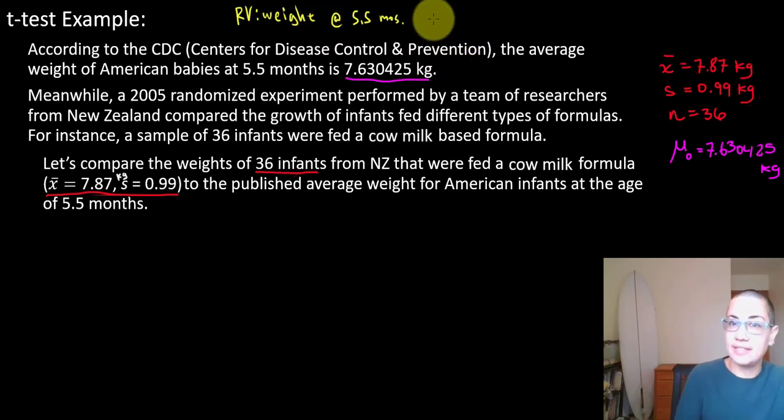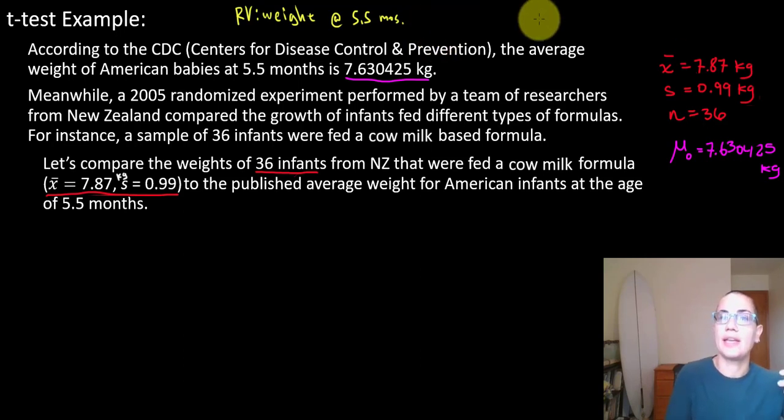That weight is a quantitative variable. Furthermore, it's continuous. So we have sample stats that apply to a quantitative variable. So we're not going to do a proportion test. This has to be a t-test for a population mean.